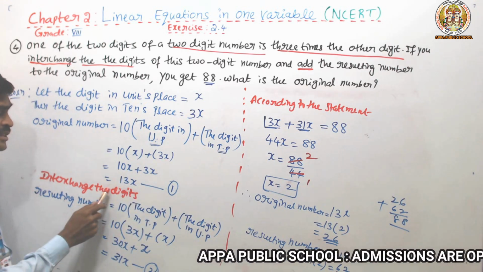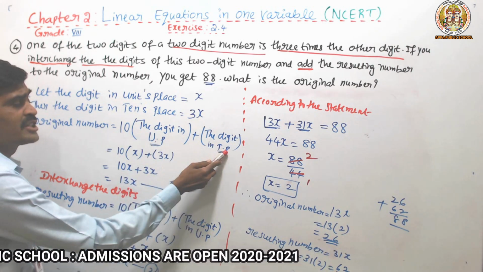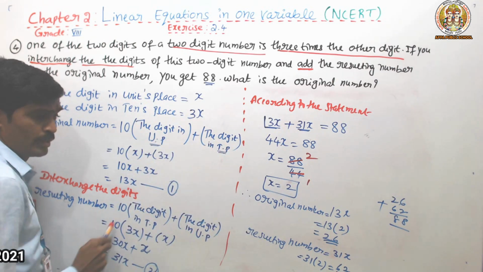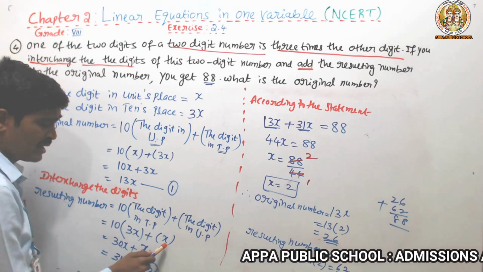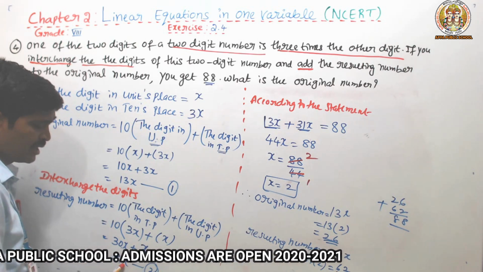Interchange the digits: resulting number is equal to 10 into TP plus UP. So 10 keep as it is, tens place is 3x and unit place is x. 10 into 3x is 30x plus x, 31x.